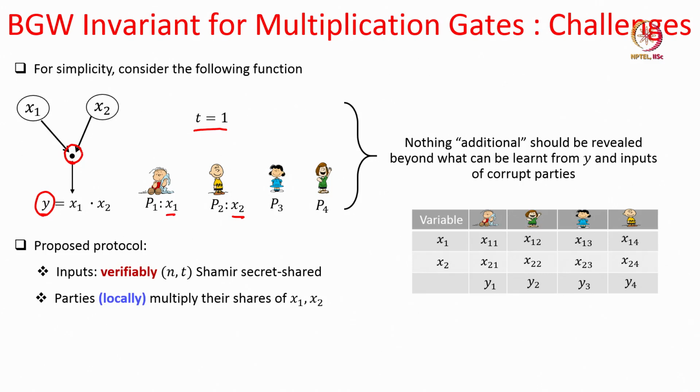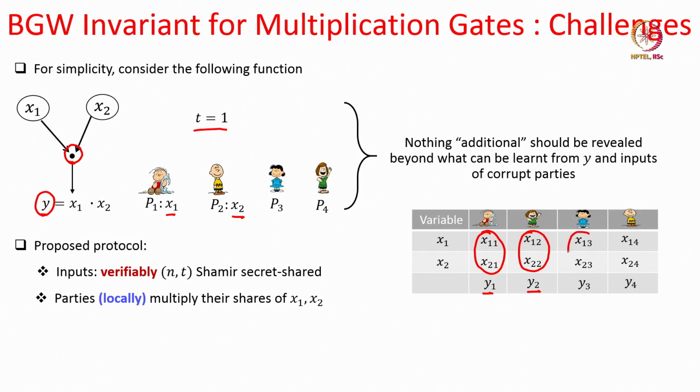The proposed protocol here is that if you have a multiplication gate in the circuit, let the parties multiply their respective shares of x1 and x2. So, P1 multiplies its shares of x1 and x2 to get the share y1, and similarly P2 multiplies its shares of x1 and x2 to get its share of y.